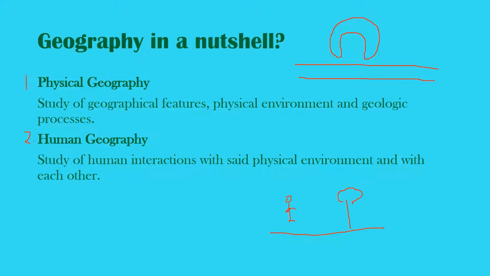It can include stuff like how the population density and other statistics of the population change with regards to the geography, or how certain geographical features or characteristics affect how humans behave, or vice versa, how human behavior affects the physical environment.